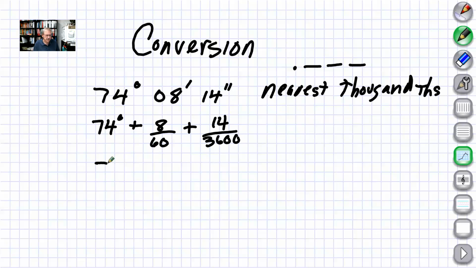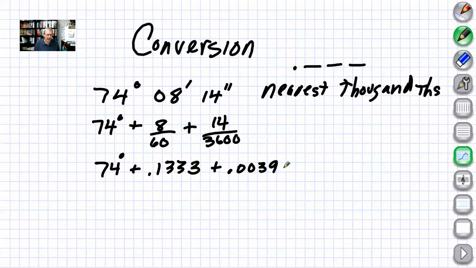Now obviously we're going to use a calculator. We're going to divide 8 by 60 on the calculator. It comes out 0.133. And we want to go beyond thousandths, one more place. Plus, then we want to divide 14 by 3,600. So that came out to be 0.0039.